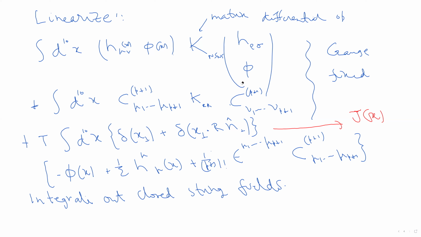So J has a sum of two terms. And this is a J for both phi, h as well as C. So you could have written separately J phi, J h, and J C.